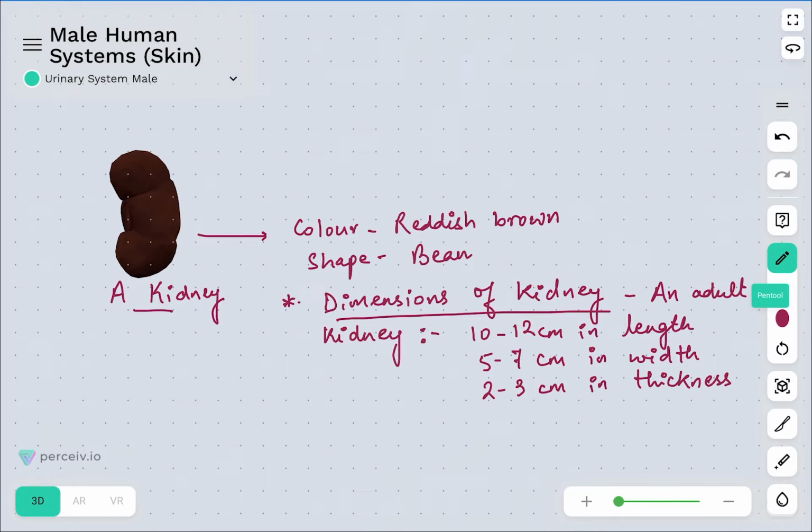And what about its weight? The average weight is 120 to 170 grams.